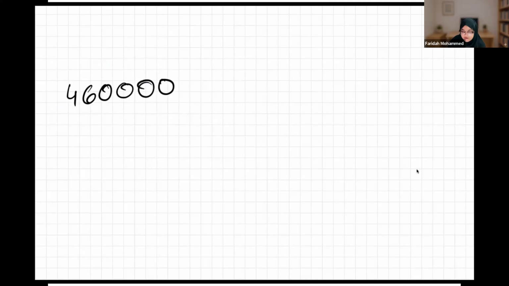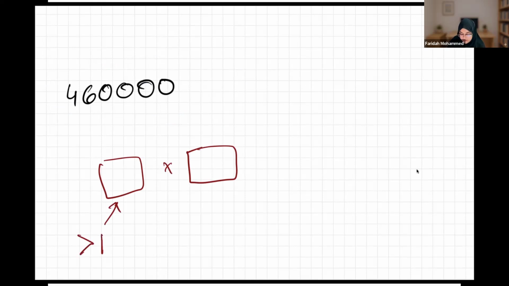In scientific notation, there are 2 numbers. The first number should be equal to or more than 1, but less than 10. And the second one is going to be 10 to the power of something.